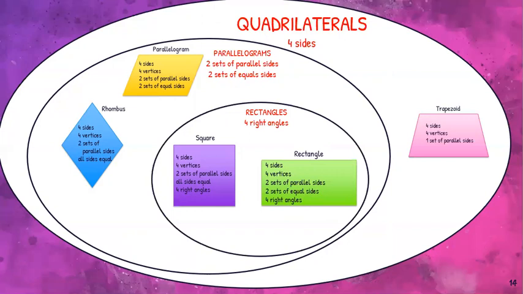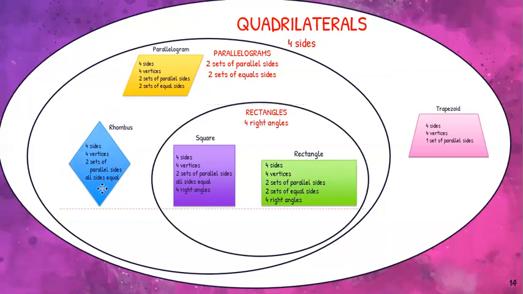All right. So now this rhombus is over here by himself. Let's see if he has anything in common with any of the other shapes. So the rhombus has 4 sides, 4 vertices, 2 sets of parallel sides, all sides equal.